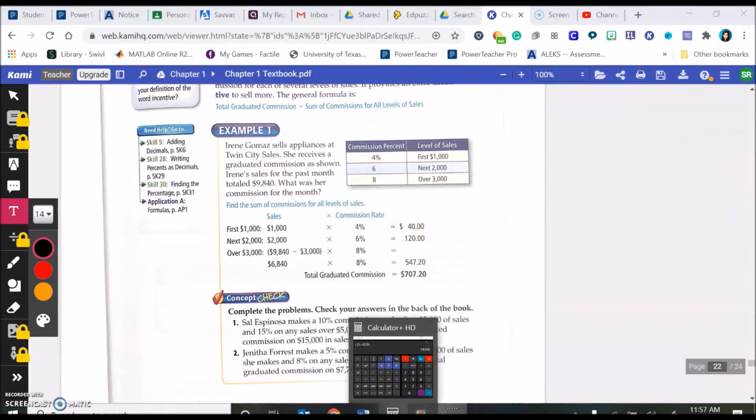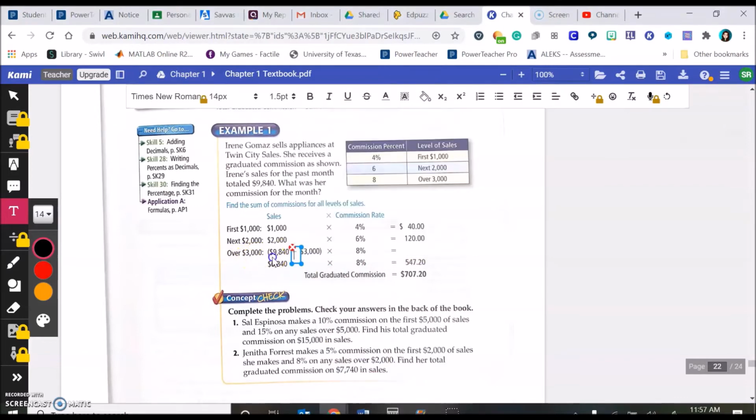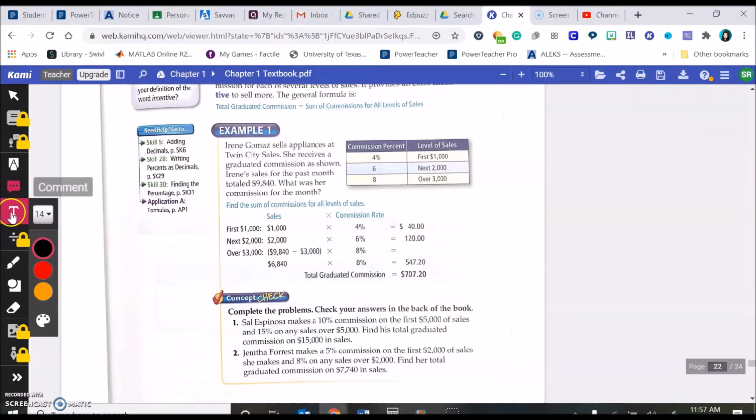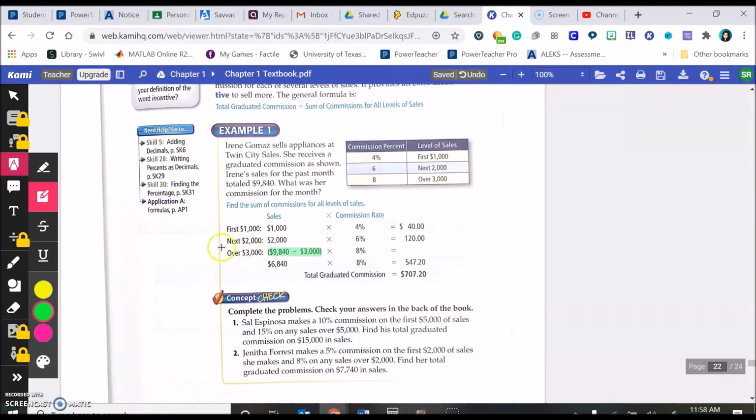She did make more than $3,000, so the next $2,000 times 6% was $120. And then over $3,000, we took the total, the $9,840, and subtracted $3,000, which was the first $1,000 and the second $2,000 that she sold.